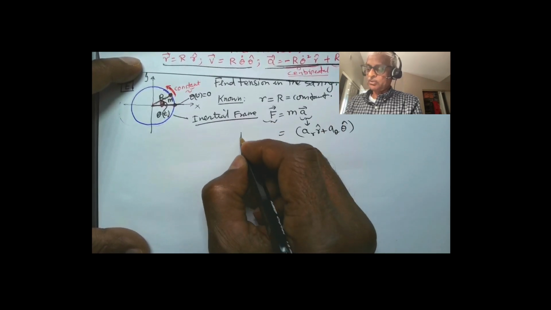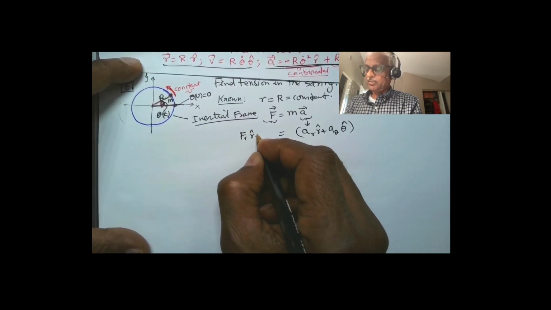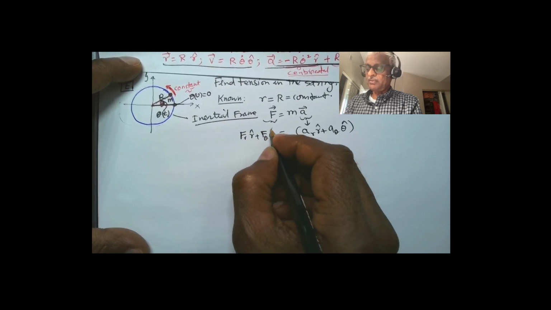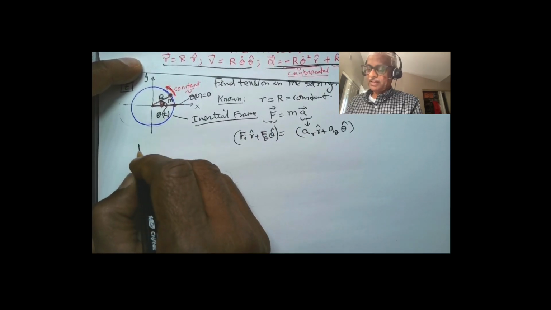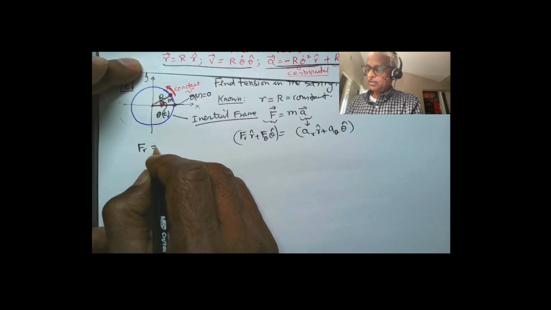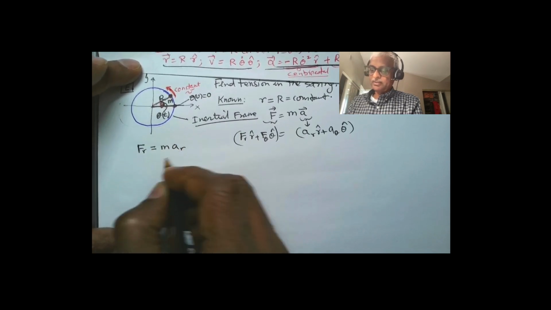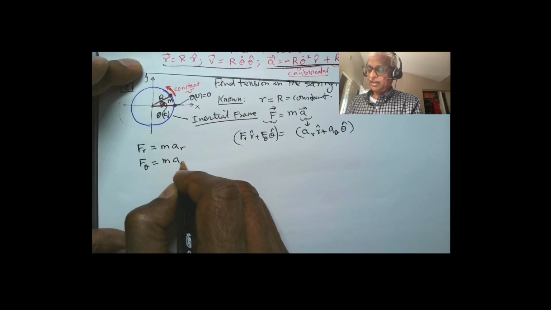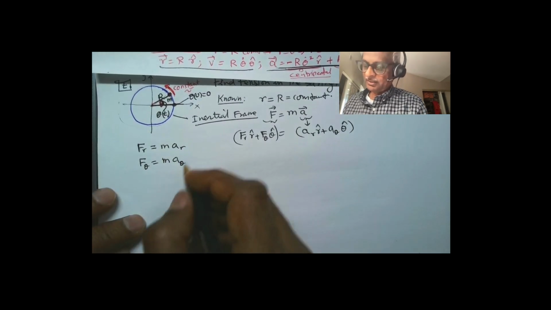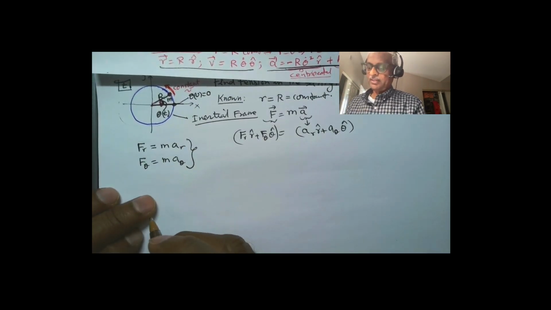This side can also be replaced with F r r hat plus F theta theta hat, just like any vectors. So we will get F r equals m a r and F theta equals m a theta, and these are the equations we can work with.